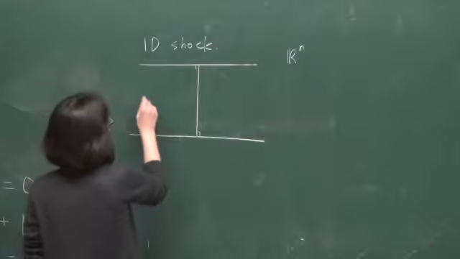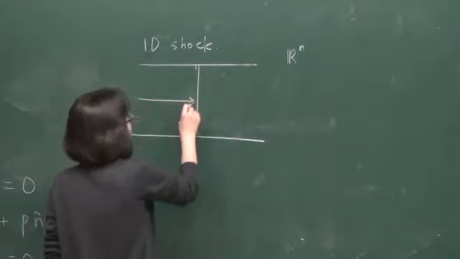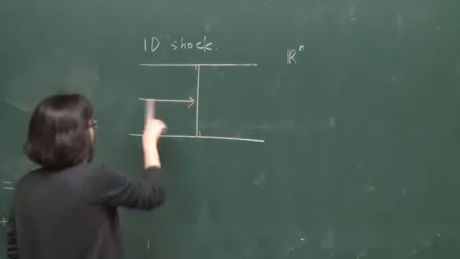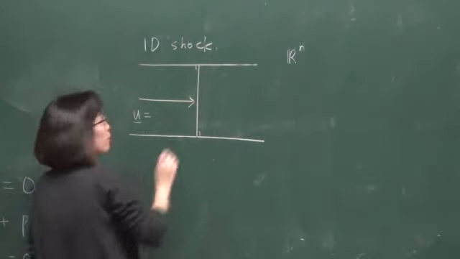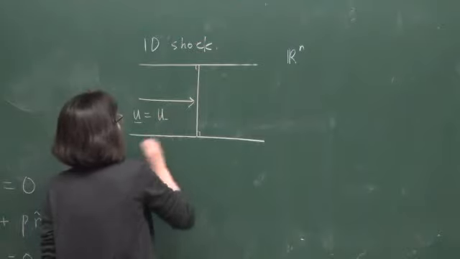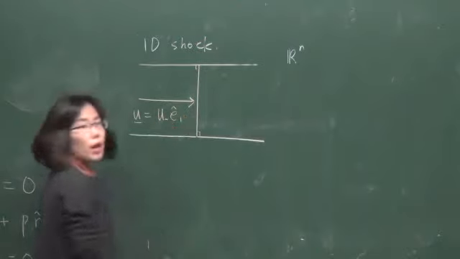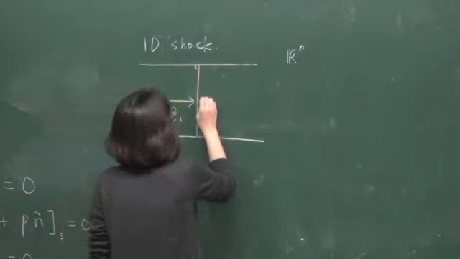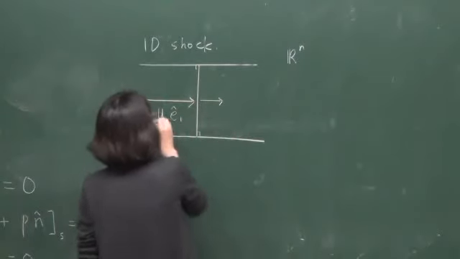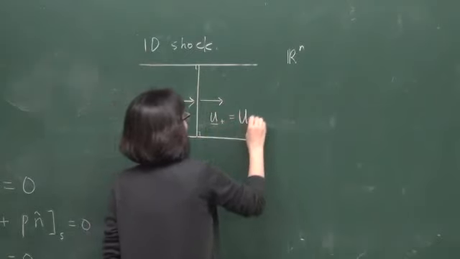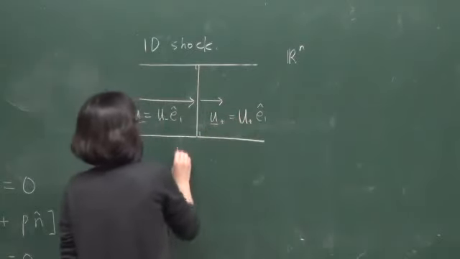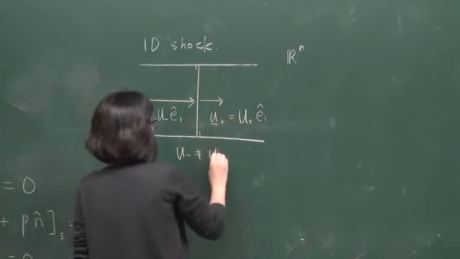Before the shock, there is a horizontal flow coming, right? So if you look at the velocity here, it will have the following representation: U_minus times e_1. And after the shock, there will be a jump of velocity, and the velocity representation is going to be U_plus e_1. So here, U_minus is different from U_plus.